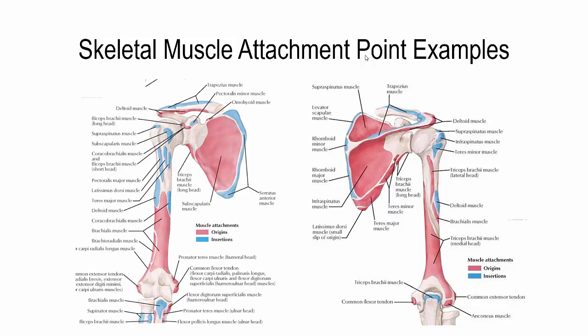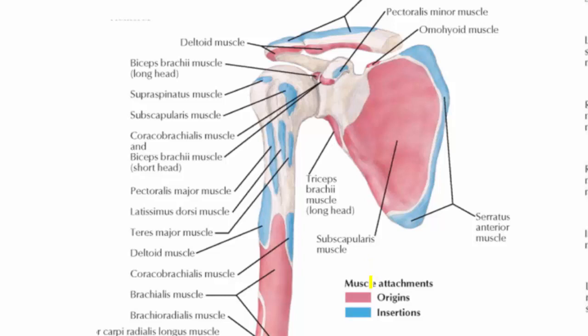a muscle, okay, so I think the majority of you know where your biceps brachii muscle is. So that's the kind of fleshy muscle that lies on the anterior surface of the upper arm. Now if you look at this illustration on the left, the attachment points, the origins would be in red and the insertions would be in blue.